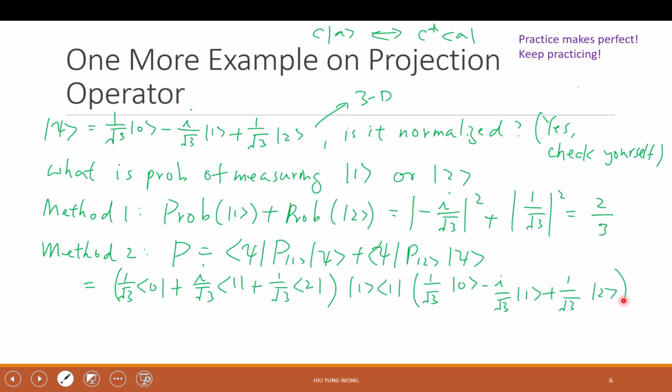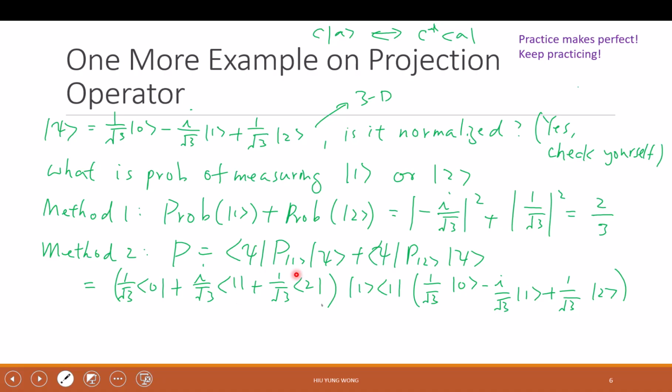Now you can do the distribution law yourself one by one. But you may say, I already know the answer. Bra 1 with ket 0 must be 0. Bra 1 with ket 1 is 1. Bra 1 with ket 2 is 0, right? Because they are orthogonal.